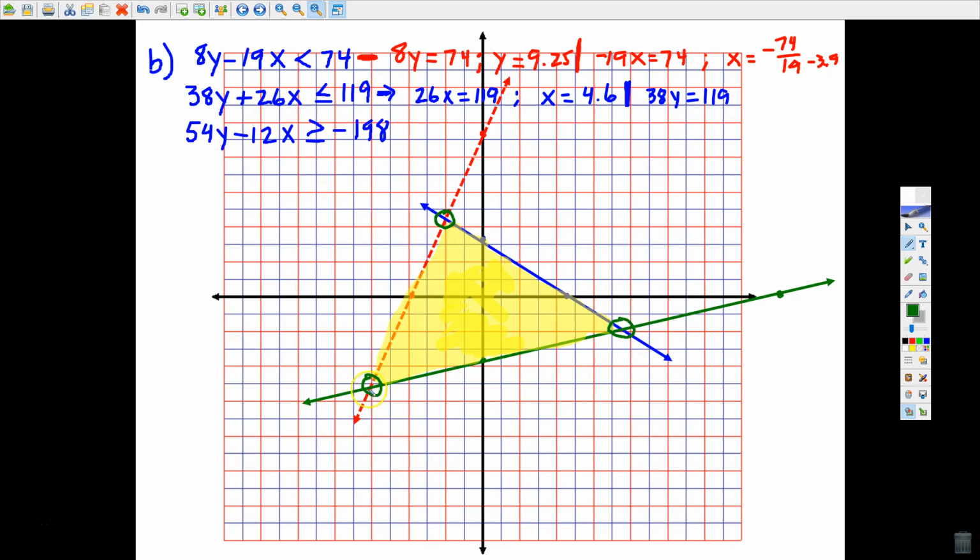Typically I would make you be exact, but I'm going to save you a little bit of time, and if you'll just get me as close as you can with your best guesstimate, that would be okay. Alright, so don't forget to list the vertices. Those are those 3 points which make the ordered pairs of the corners.